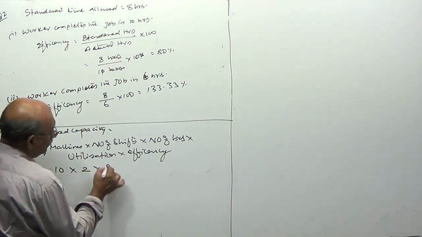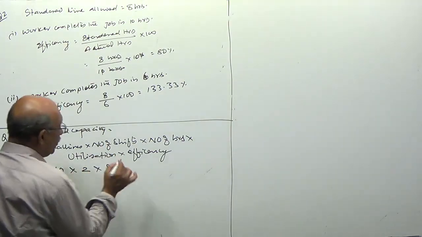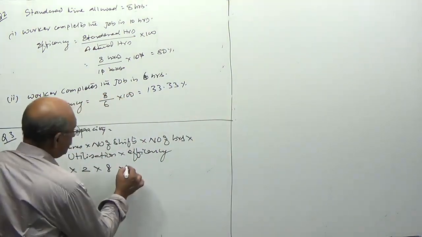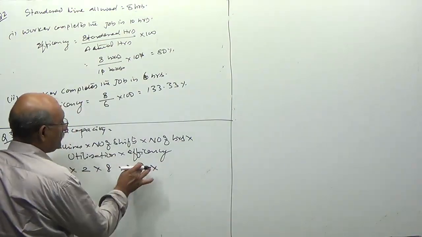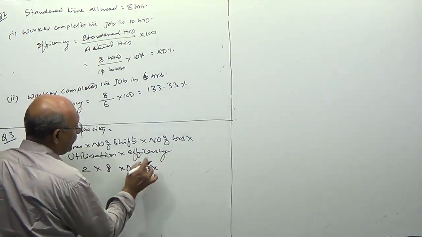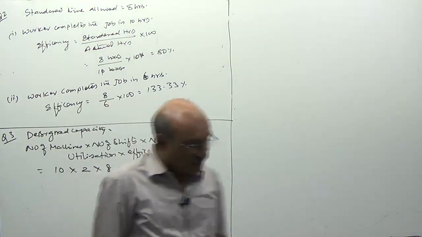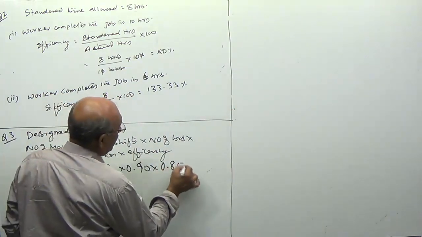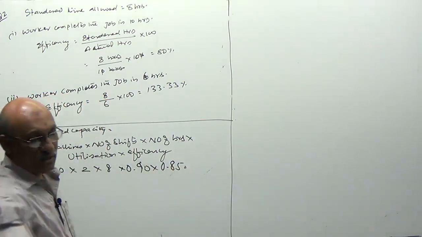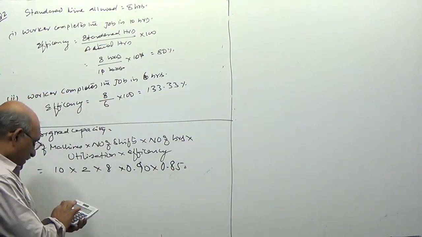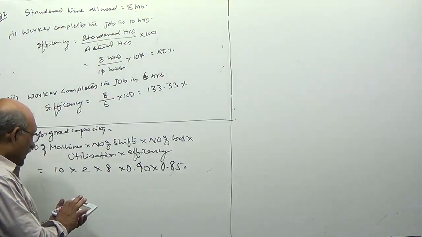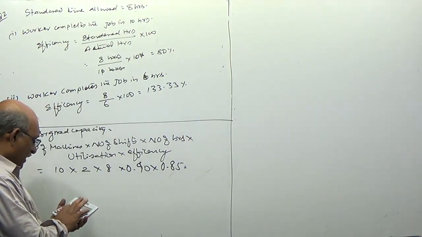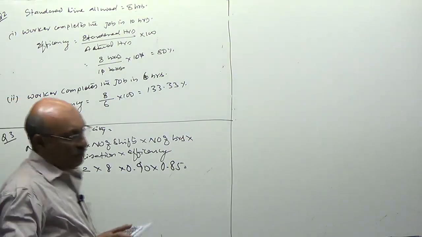Number of shifts, 2. 8 hours per day. Utilization is given how much? 90%, 0.90. Into efficiency. Efficiency is given as 85%. Multiply this, you will get 10 into 2 into 8 into 0.90 into 0.85, 122.4.